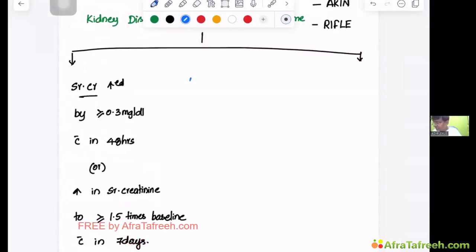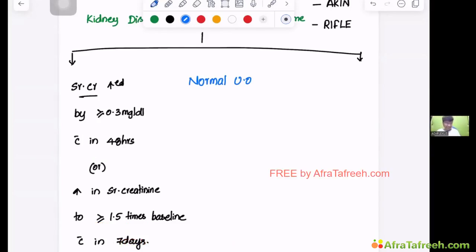Okay, can anyone tell me how much is the normal urine output in ml per kg per hour? Any one of you? Yeah, it is 1 ml.